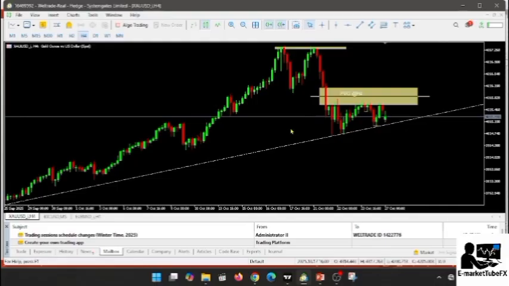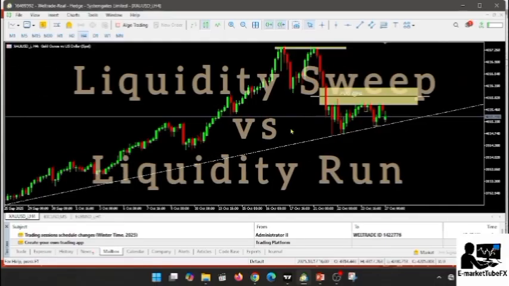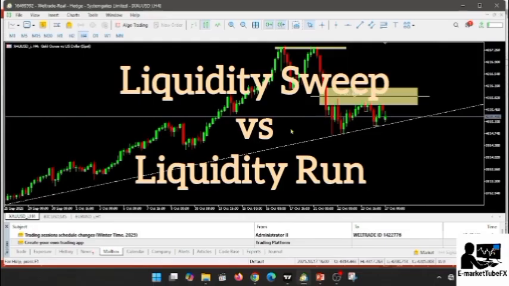So today we are going to look at another important topic in the area of ICT, which has to do with liquidity sweep and liquidity run.